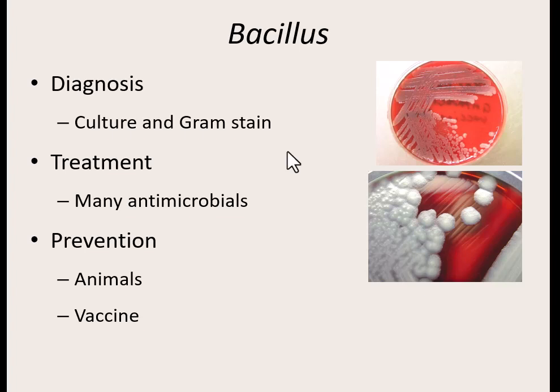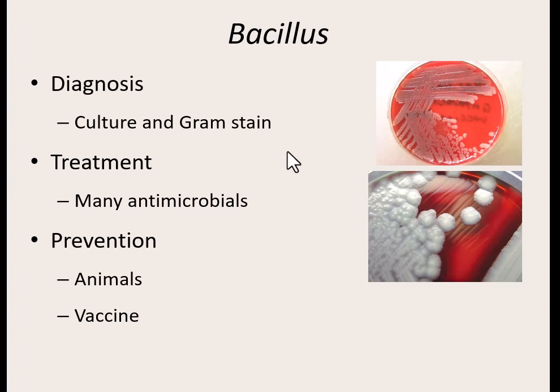Because people are generally not exposed to the bacteria, the best way for prevention is that we treat animals, so that farm animals are treated for anthrax. If the farm animals are treated for it, the farm workers then don't have that risk. There is a vaccine for anthrax for people that work for the CDC that will be working with anthrax, or maybe they're working with animals that can't be treated with any type of vaccine or treatment.